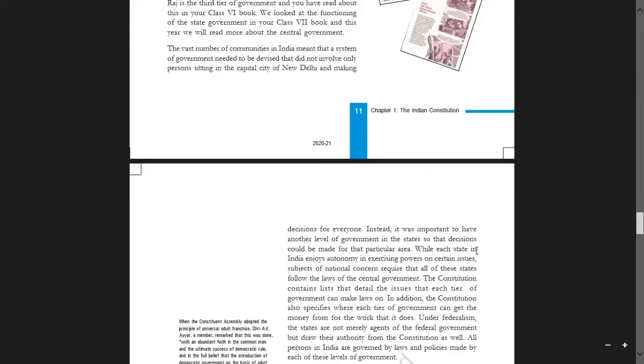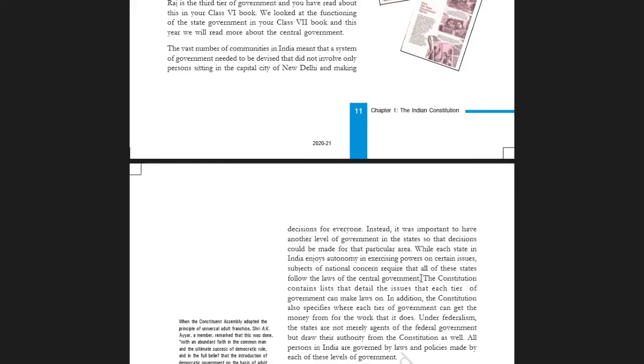While each state in India enjoys autonomy in exercising power on certain issues, subjects of national concern require that all of these states follow the laws of the central government. Autonomy means the right or condition of self government.